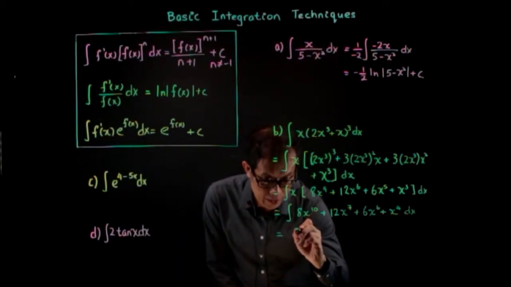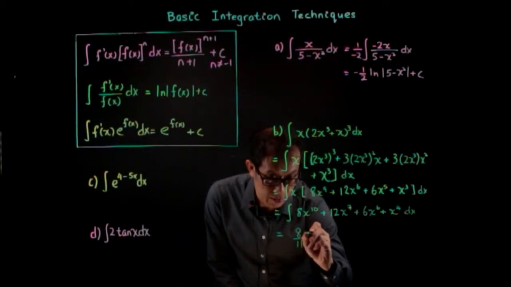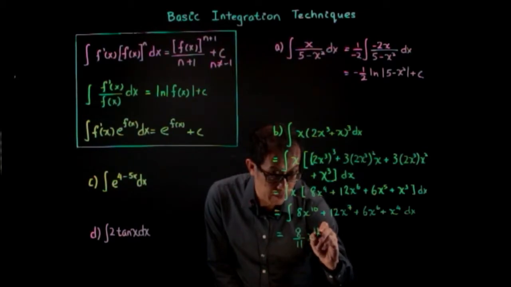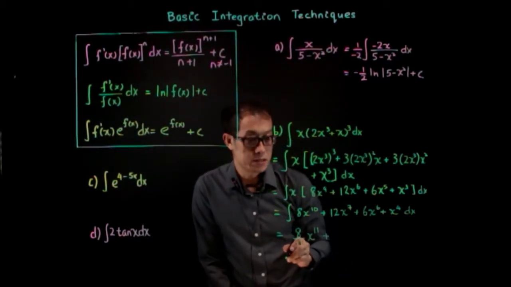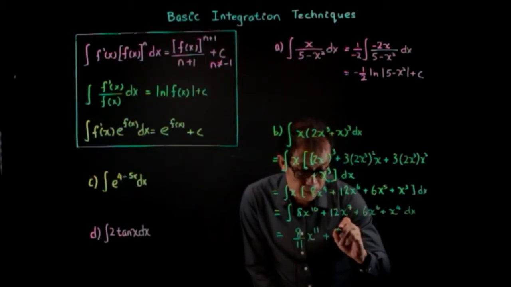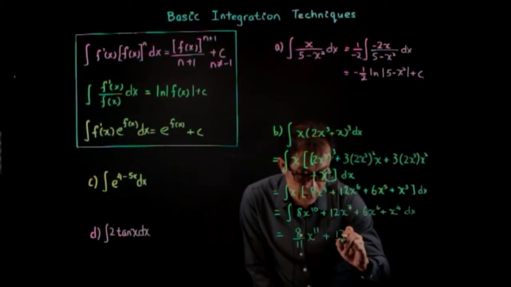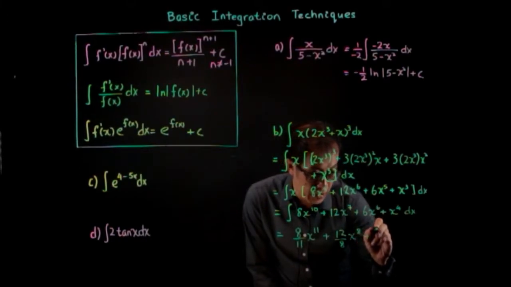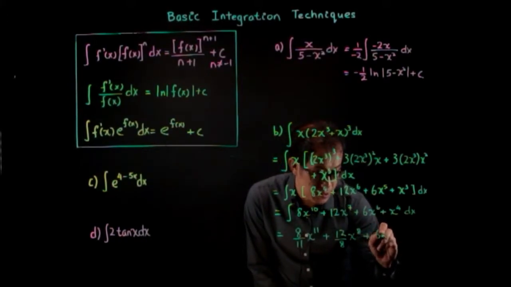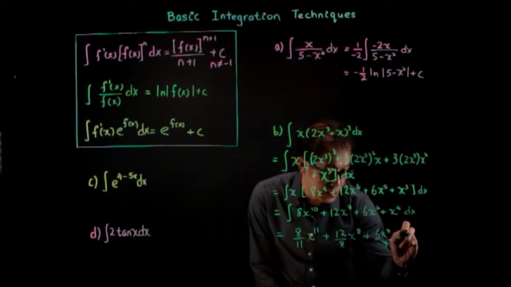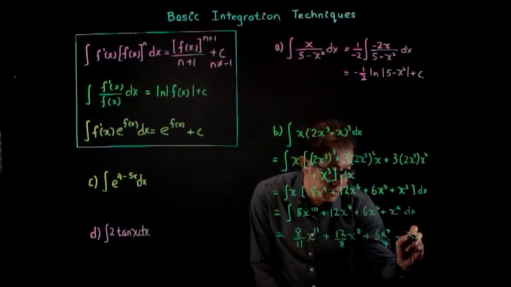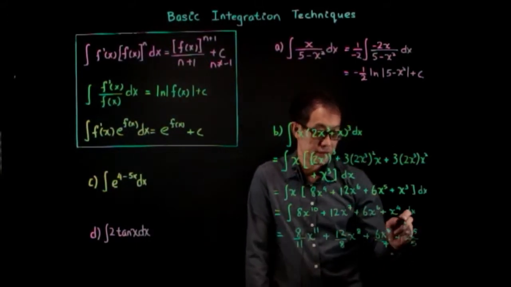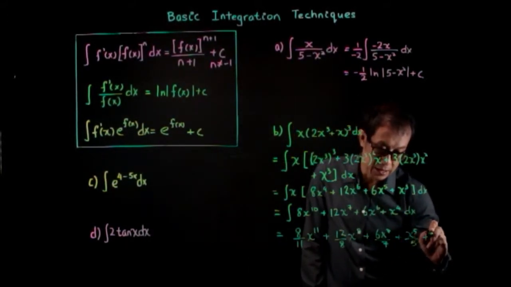So I have 8 over 11 x to the power of 11 plus 12 over 8 x to the power of 8 plus 6x to the power of 7 divided by 7 plus x to the power of 5 divided by 5, and then of course plus c.